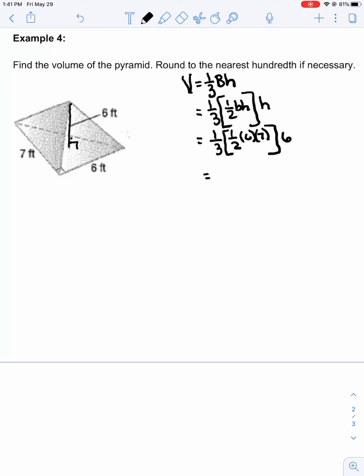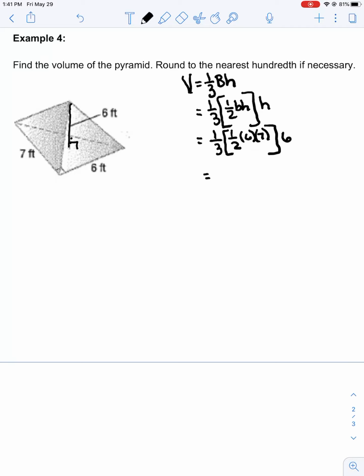Okay? So now when we multiply these together, so we have 1/3 multiplied by 1/2 multiplied by 6 and multiplied by 7 and then multiplied by 6 again, we get 6/7, which is okay, but we've got to change that to a decimal.